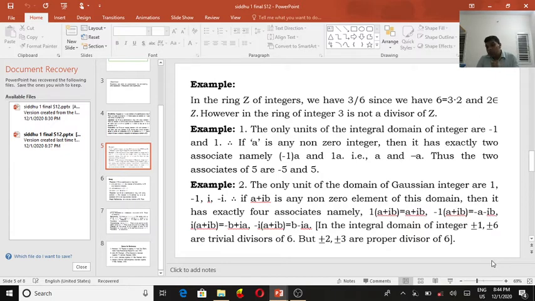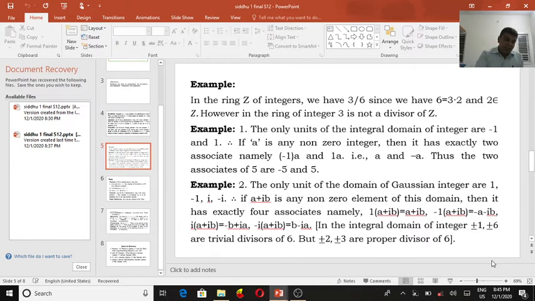Recall that by using the principal ideal, we introduced the associated form. So, associate A tilde B means A equal to UB, where U is a unit. In the case of integers, the only units of the integral domain of integers are minus 1 and 1.